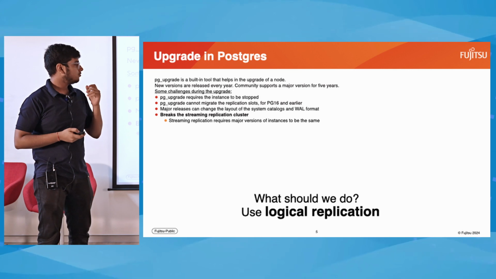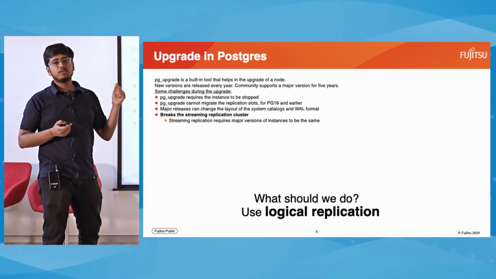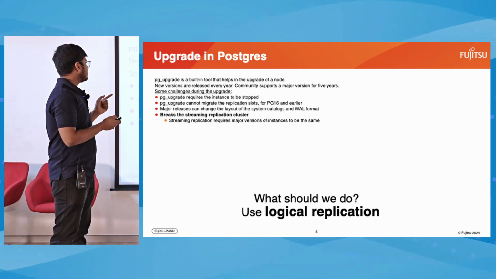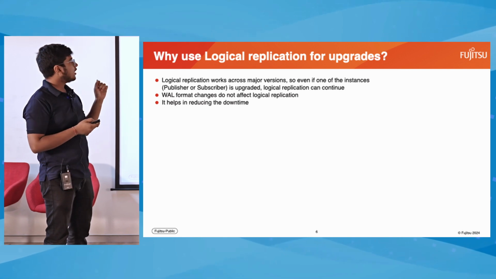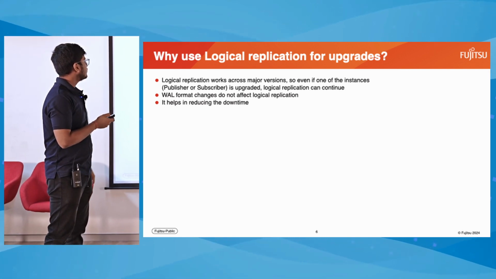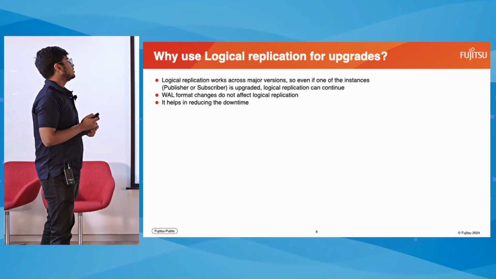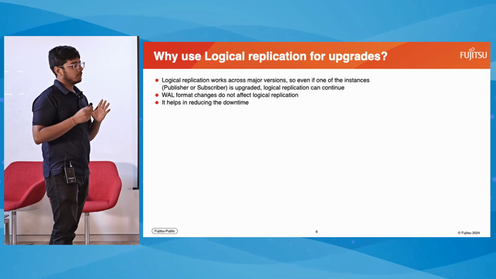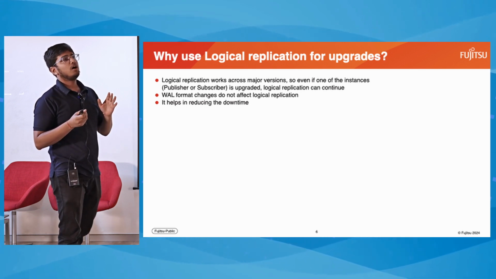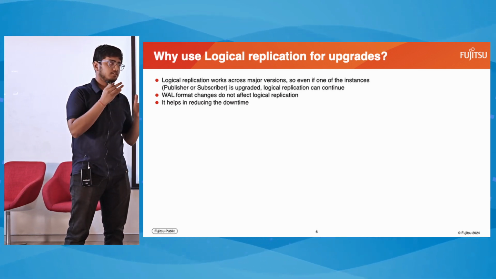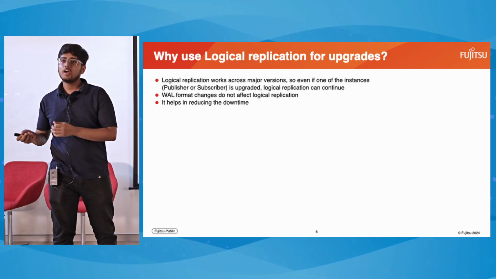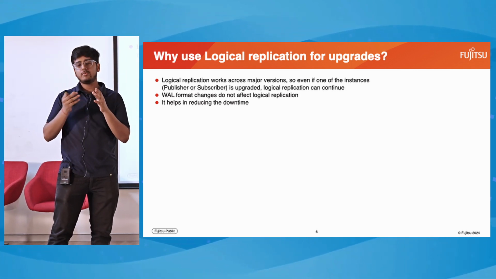So what should we use for that case? We can use logical replication. Why should we use logical replication for upgrades? Logical replication works across different major versions. Suppose the upstream is on PG16 and the downstream is on PG12, then that replication is also supported.